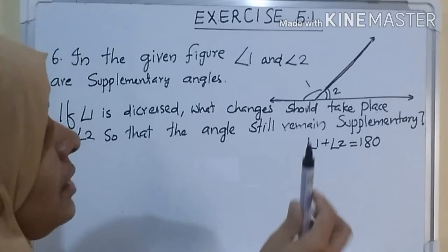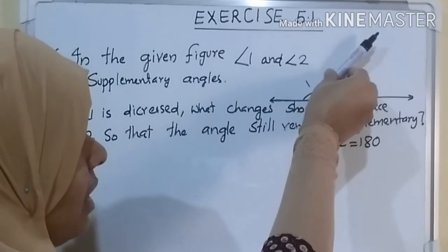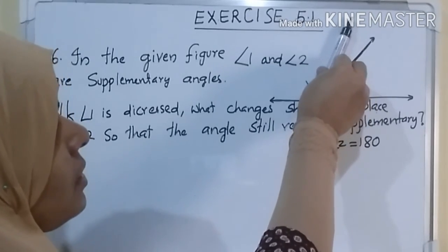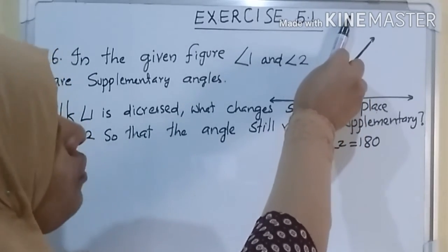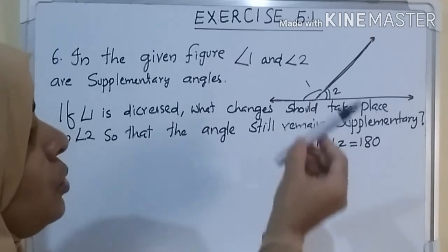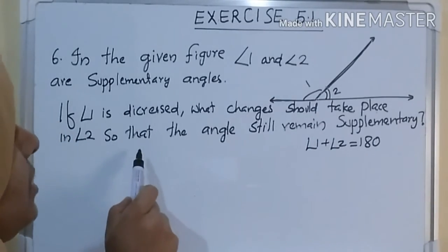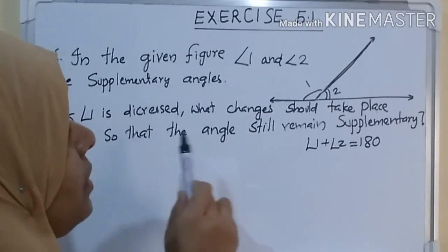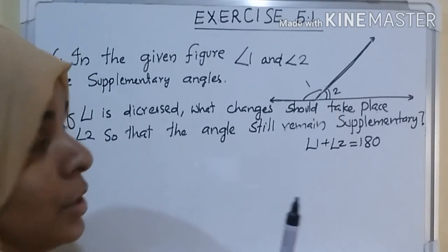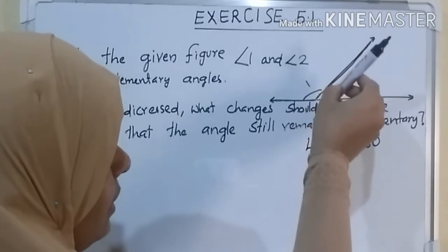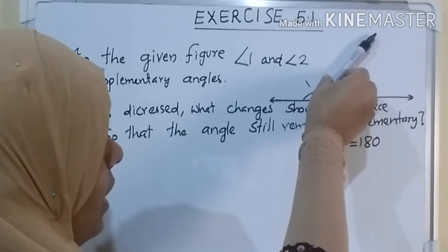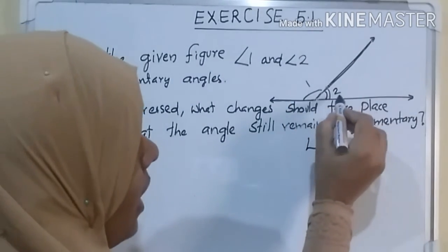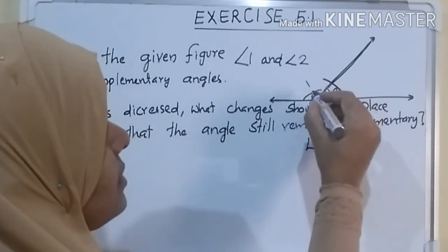If angle 1 is decreased, that means this line is moved towards the left side. Then what will happen to angle 2? One condition is there, that the angles still remain supplementary. So if angle 1 is decreased, what will happen? Yes, angle 2 will increase.